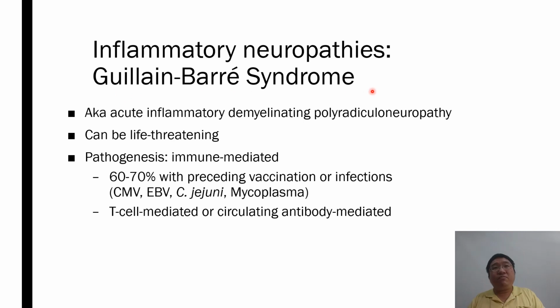Guillain-Barré syndrome. The name is quite strange. I would like you to remember the full name. Even though the full name is very long, the name explains a lot about the disease: acute inflammatory demyelinating polyradicular neuropathy.